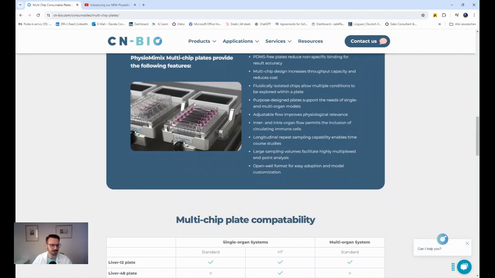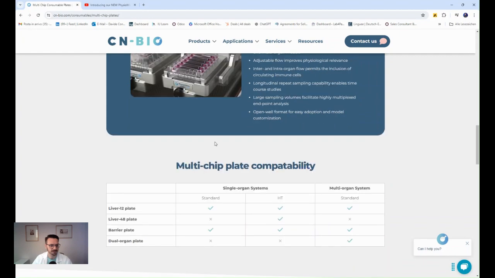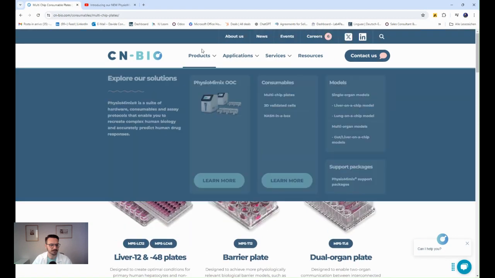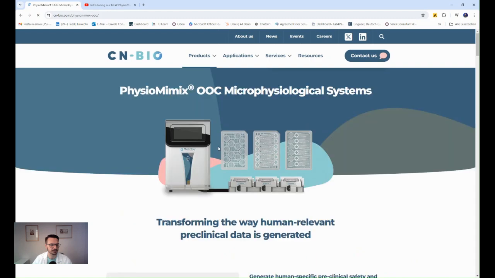In terms of the device, you see that the different plates are in this kind of case. The reason is that between the device and the plate itself, there's a small, how would I say, platform connecting them that is pumping air, and so the peristaltic pumps.